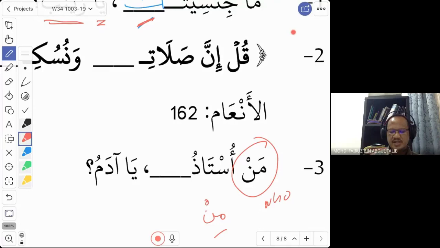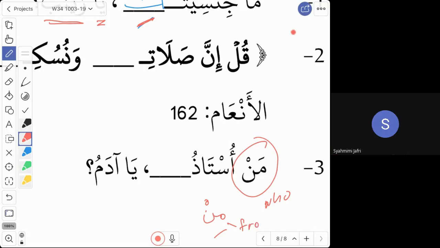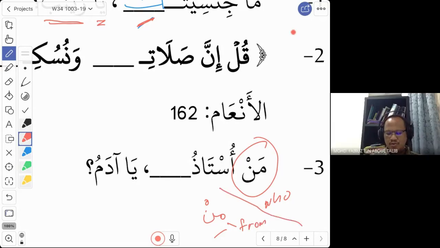Even though the spelling is similar, the vowel is different. Man is who, min is from. Now you want to ask, who is your ustaz? So what is the pronoun here? The clue is ya Adam.